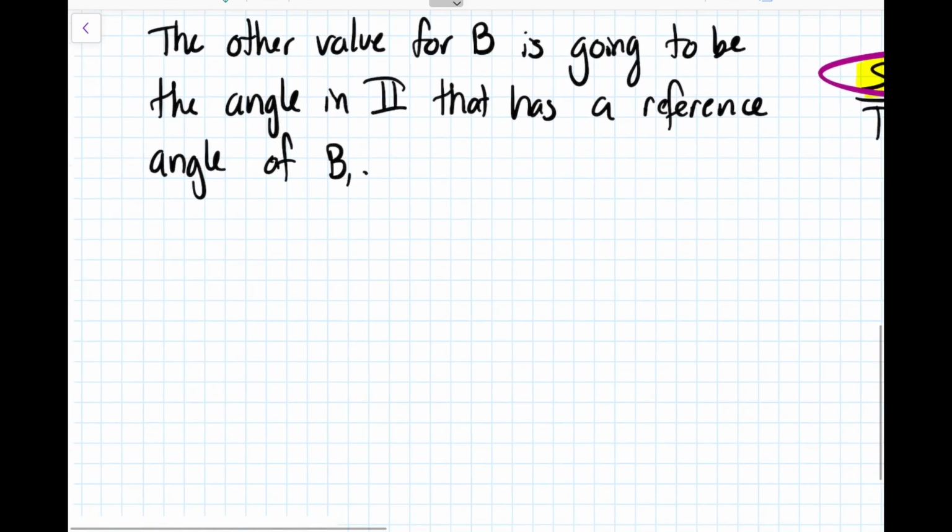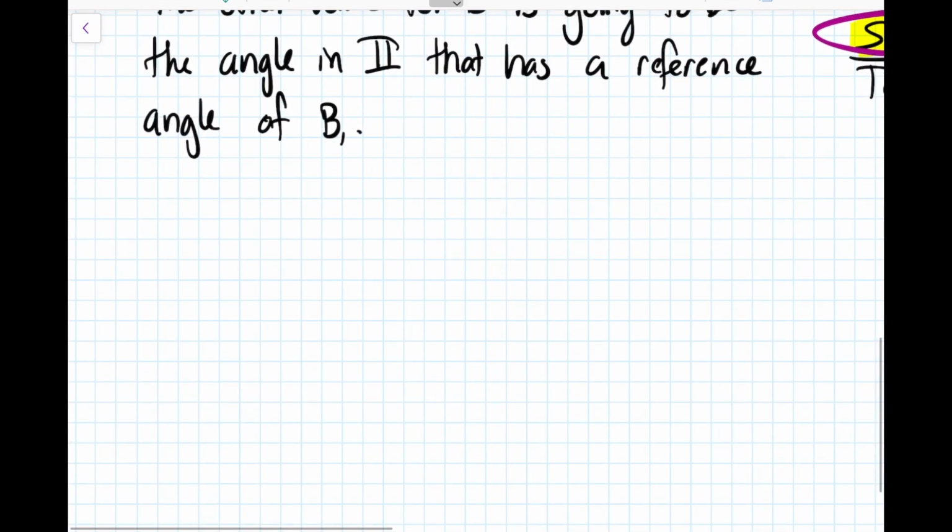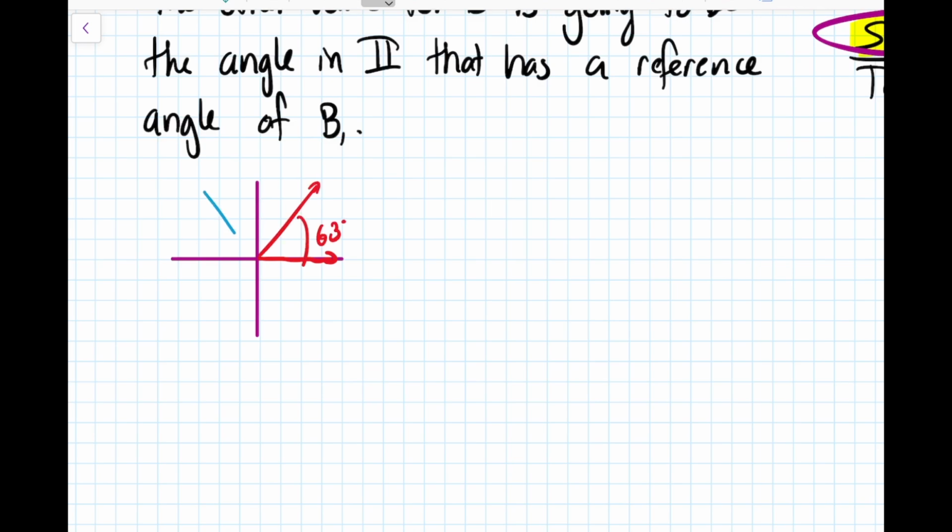That's it. And so what we're ending up with, basically, if we sketch this out really quick. So we had our first value for angle B, which was 63 degrees. So something like this. Our second value for B is going to be the angle in quadrant 2 that has that reference angle of 63 degrees.